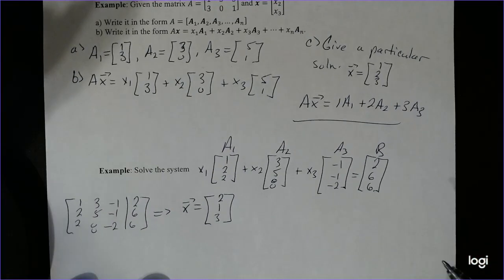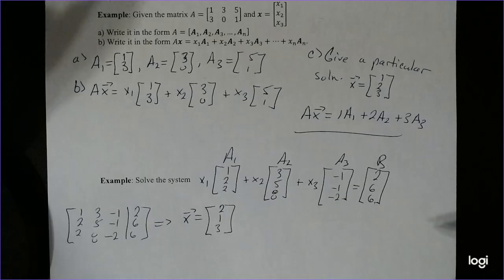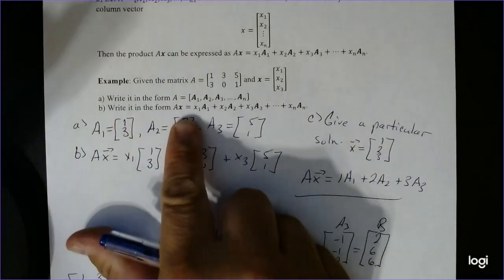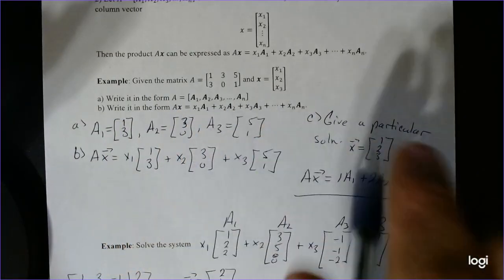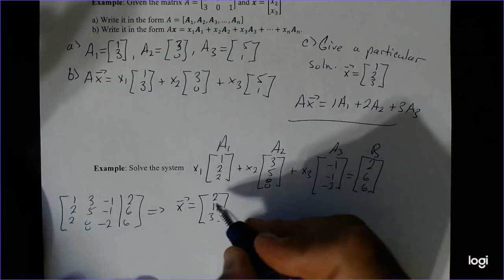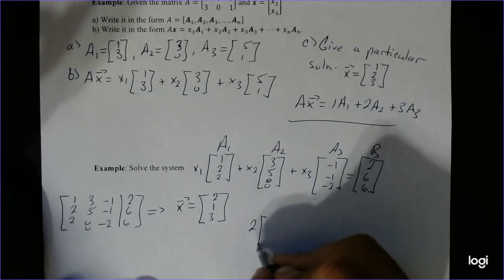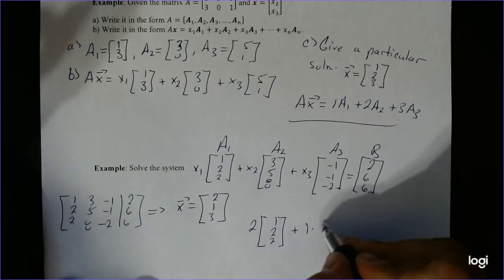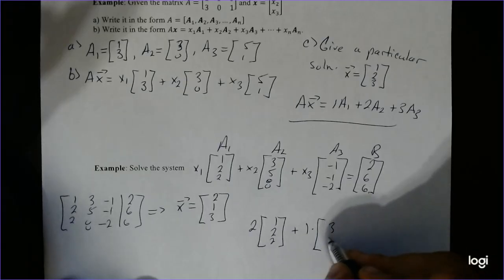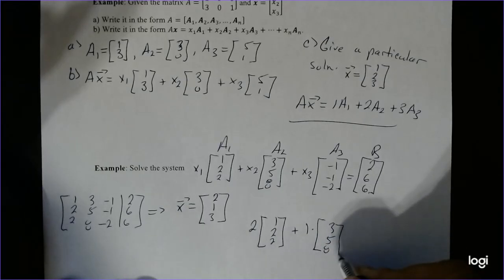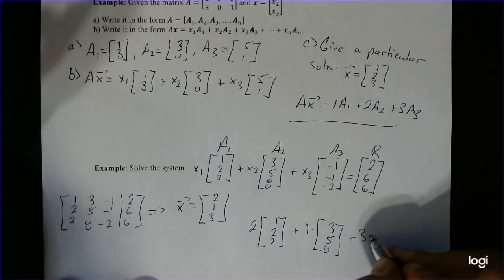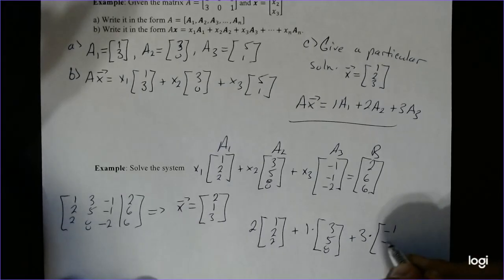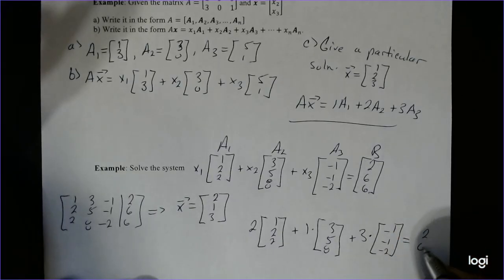If I asked you to express the answer in this form, you would have x1 is 2, so 2 times a1, so times this vector, plus 1 times a2, plus 3 times a3, equals b. There we go.